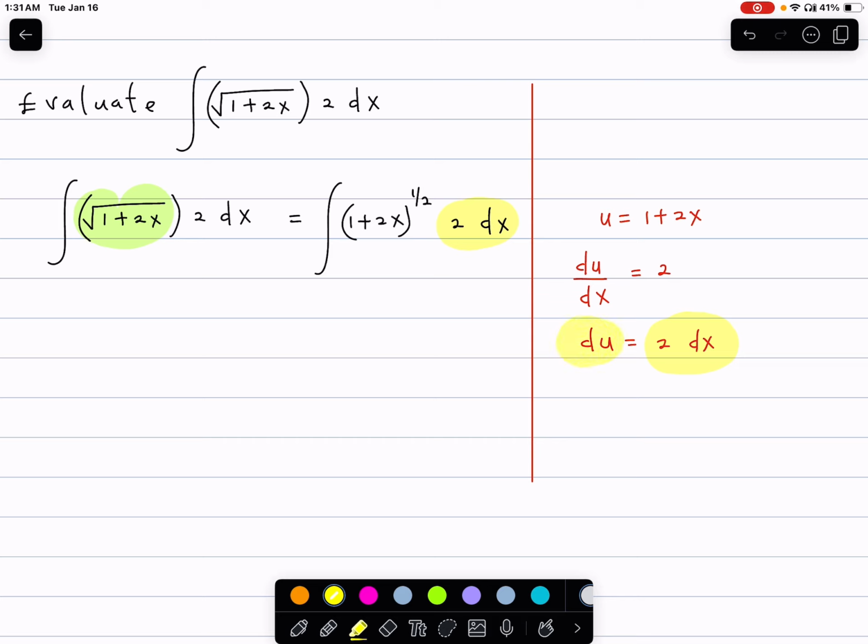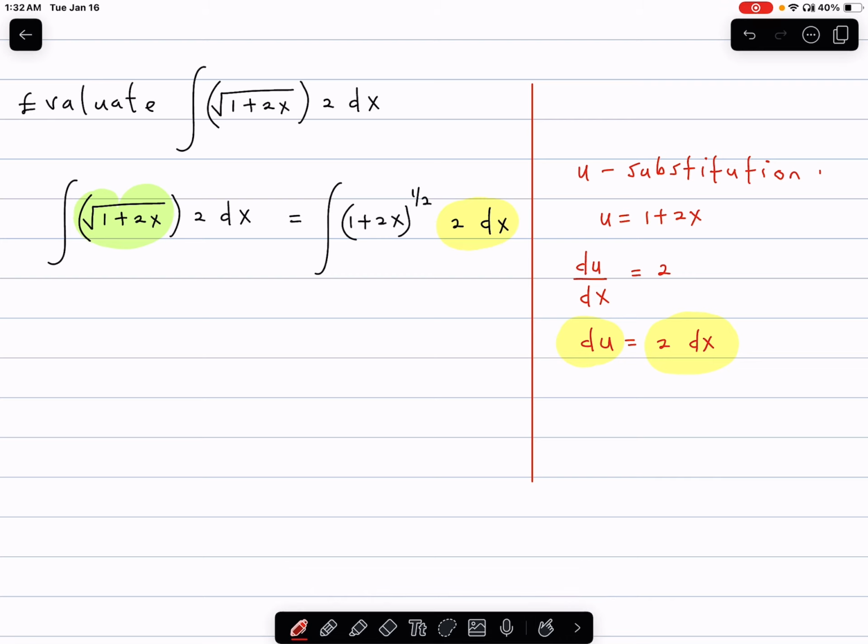So instead of writing 2 dx in the integral, I can replace it with du. That's why it's called u substitution. So I'm going to write up here: u substitution. I'm going to replace the 2 dx with du.